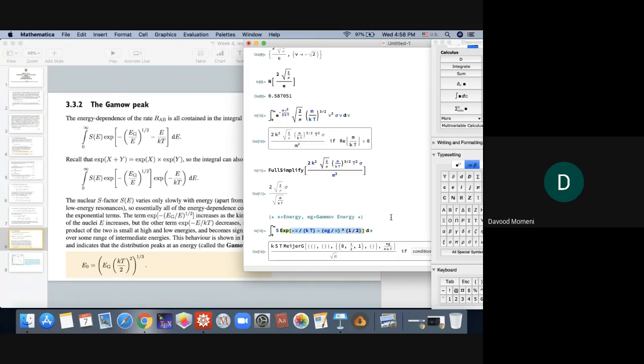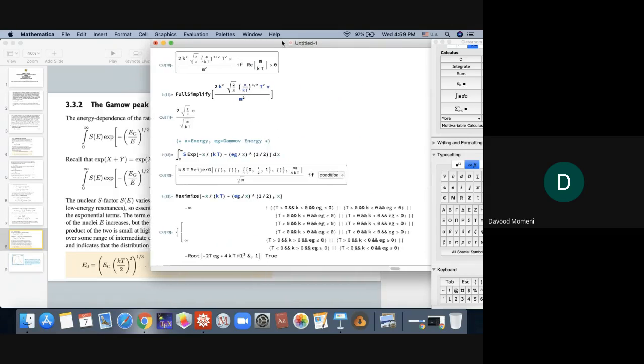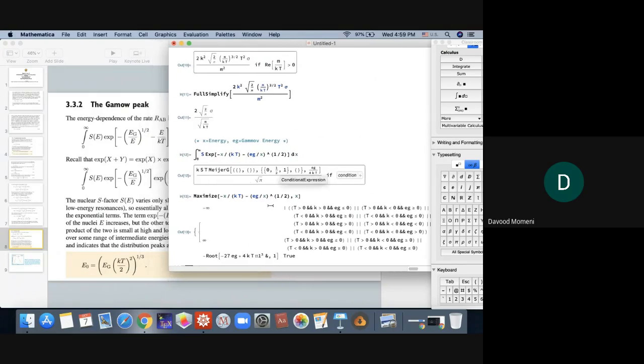So I can maximize this function versus x. For different ranges, we'll get different factors, but the maximum comes as the solution of this equation. You can calculate that.